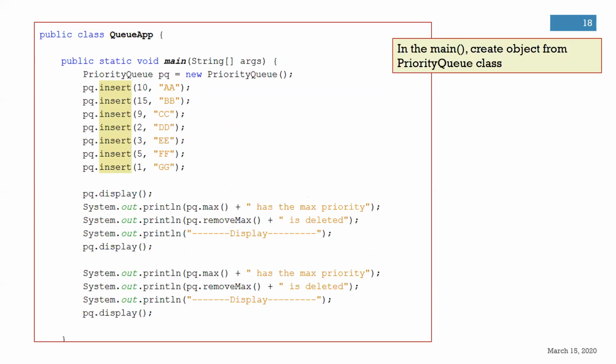So who can write the order after insert 10, 15, 9, 2, 3, 5, 1? Just write in chat what is the order for all elements after display. What is the output of priority queue display? Who can answer?